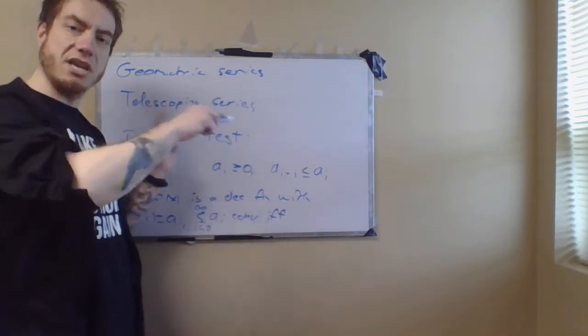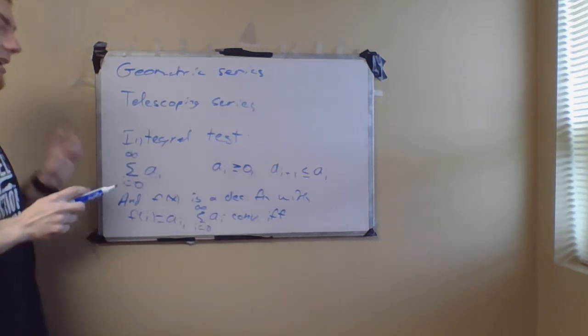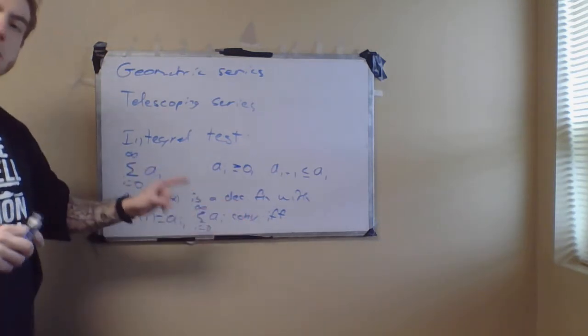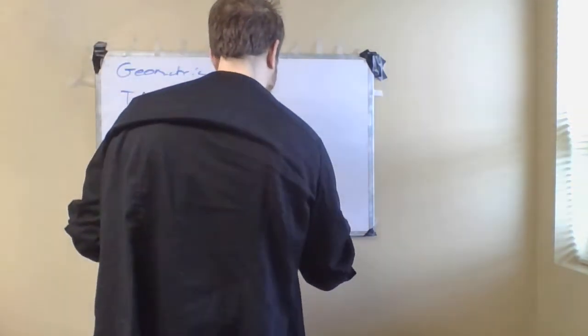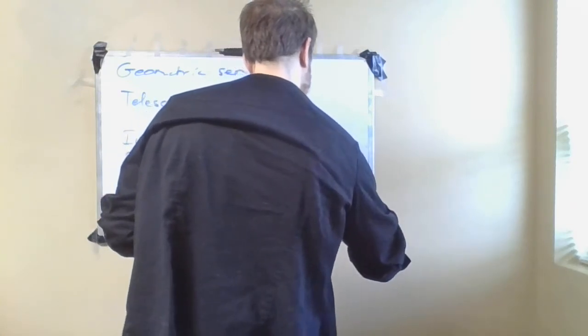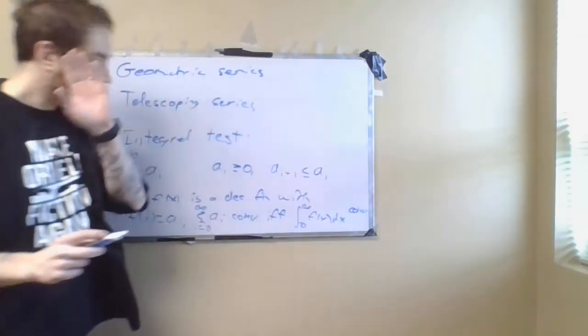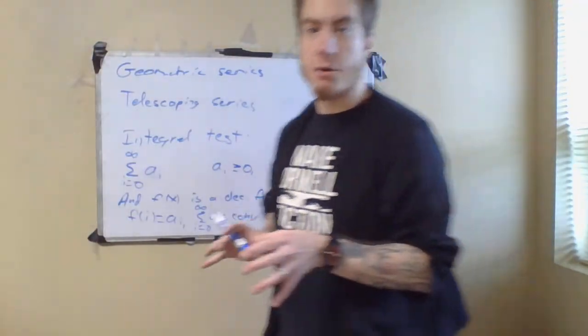This means the logical implication goes in both directions. It's not just if this is true, it's also only if this is true. The integral of f of x converges.